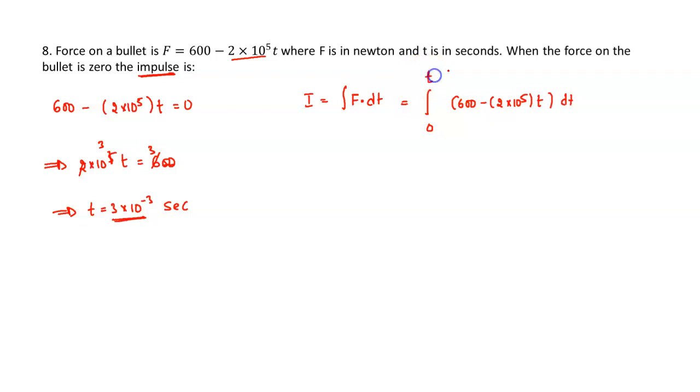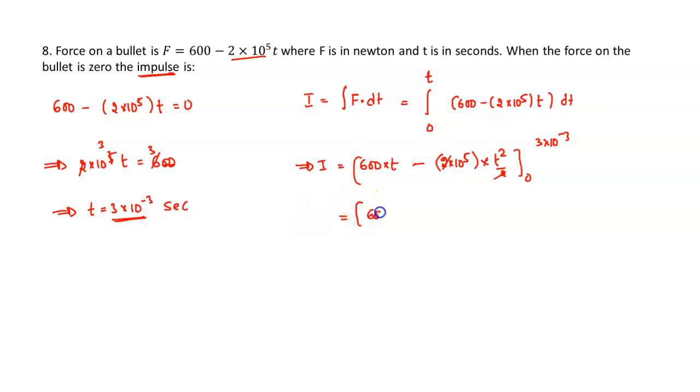Let us just take it as t. So here I will be equal to 600t minus 2 into 10 power 5 into the integration of t dt, which will be t square by 2, from 0 to 3 into 10 power minus 3. So this 2 will get cancelled out. Now just substitute the upper limit and lower limit.